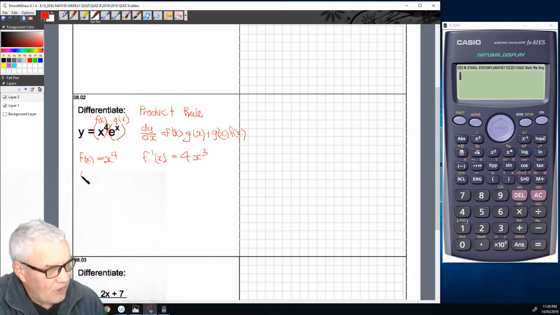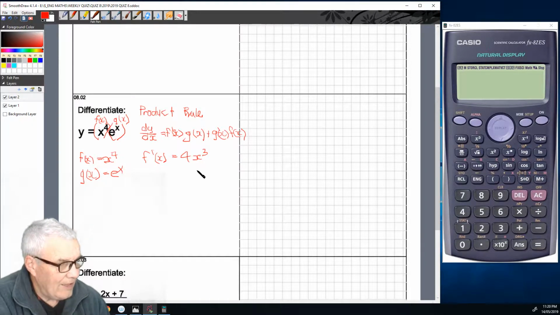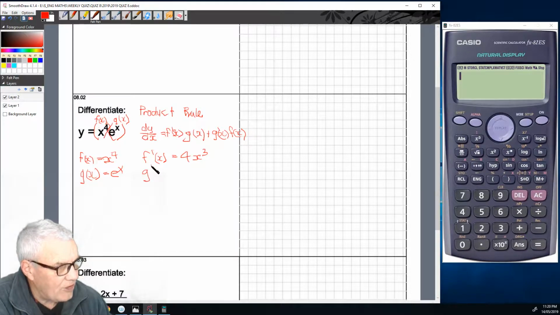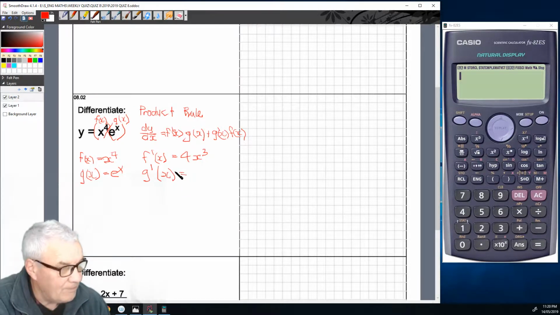Now let's take g of x, and that equals e to the x, and g dash of x, which we look up on our formula sheet, it's on our formula sheet, we look that up on the formula sheet, and that's just equal to e to the x.